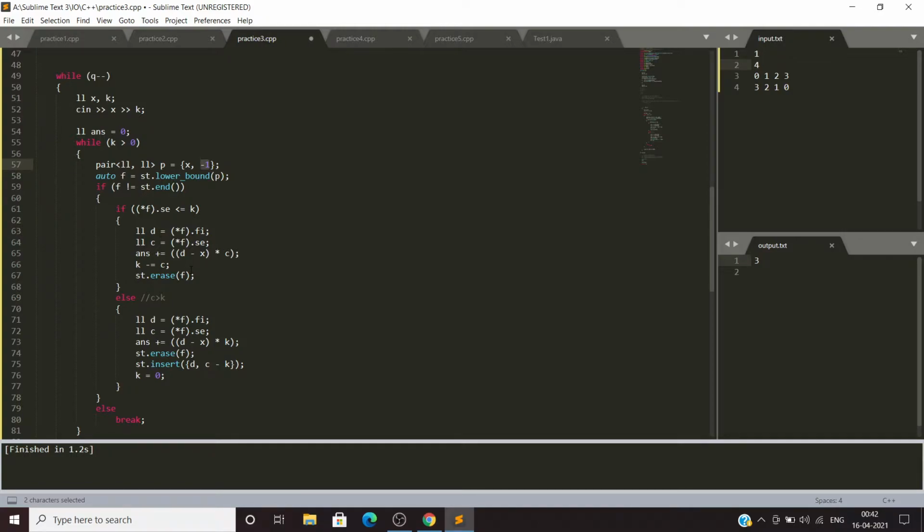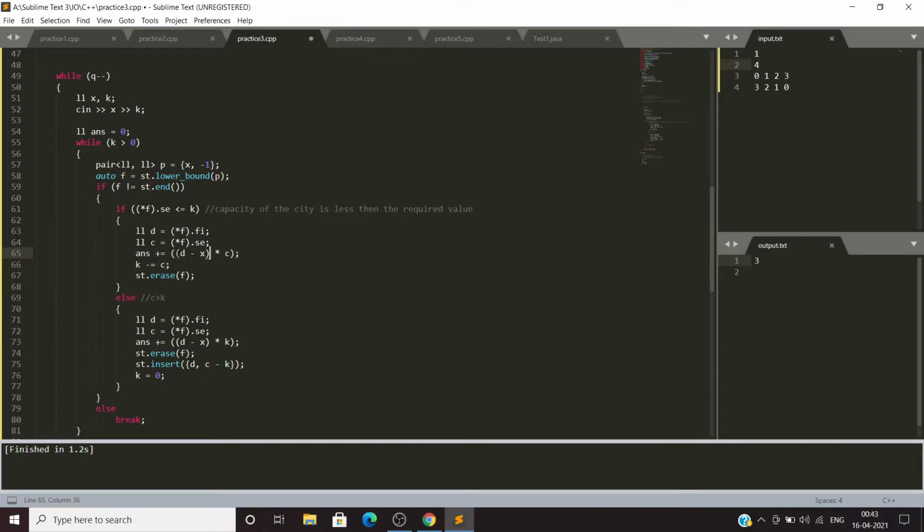If we found a city such that the capacity is less than k, what we are doing is adding to the answer the distance moved.